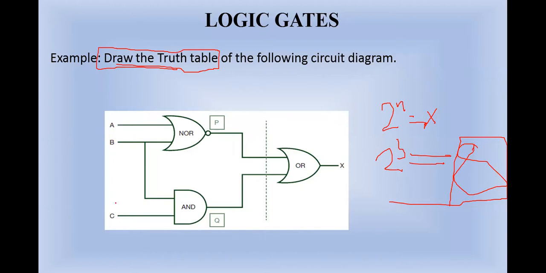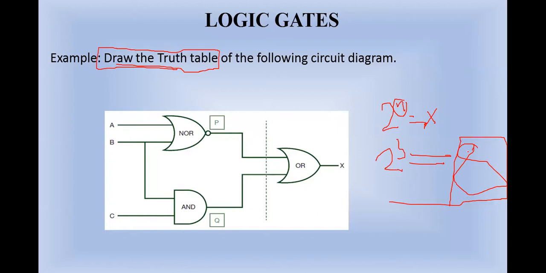After counting the number of inputs, you work out how many outputs we are going to expect by using the formula 2 to the power n, where n is the number of inputs. The inputs are 3, so you're going to have 2 to the power 3, and the result, as a mathematician, you know that it is 8. I hope that is clear before I proceed.